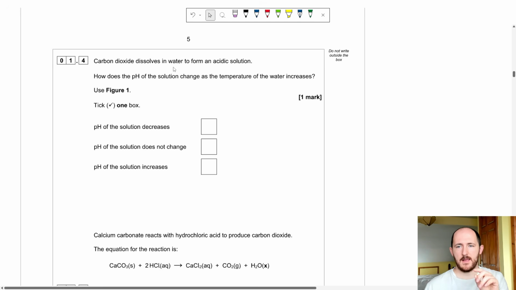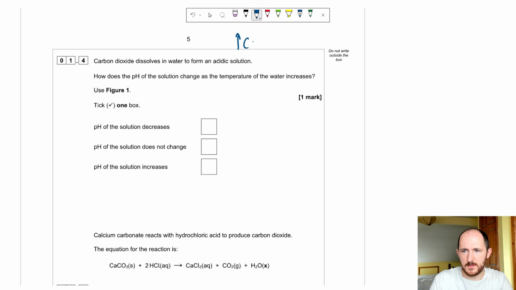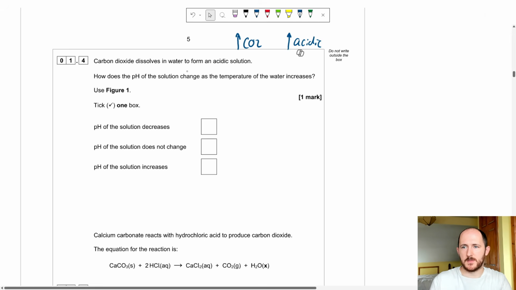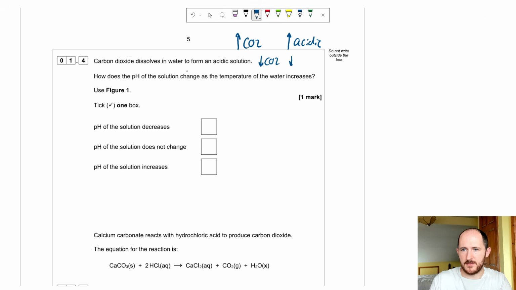Now, carbon dioxide causes it to be acidic, so more CO2 means it's going to be more acidic, right? That's what it's telling me here, which means if I'm decreasing the amount of CO2, that means I'm decreasing how acidic the solution is.